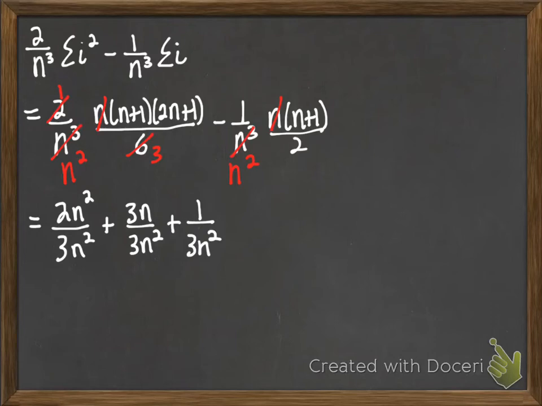That's from the first part. And then the second part, because it's minus, we'll have n over 2n squared and minus 1 over 2n squared.